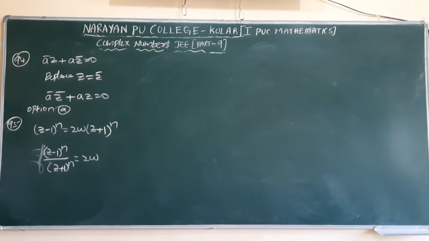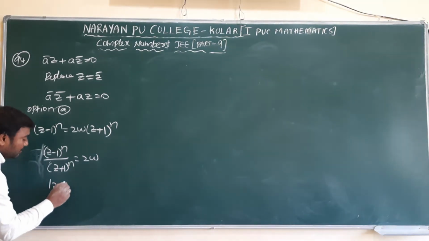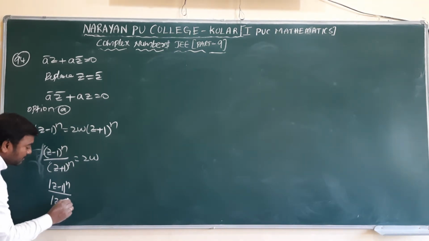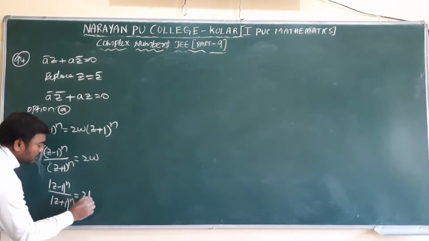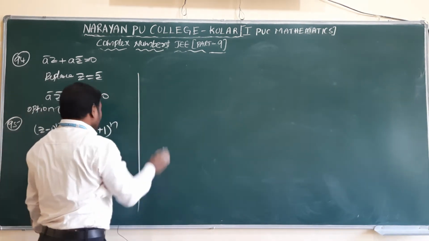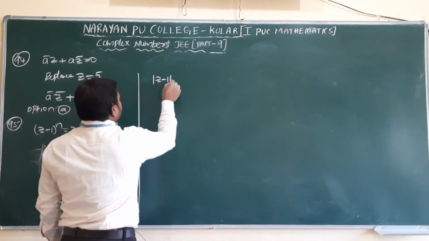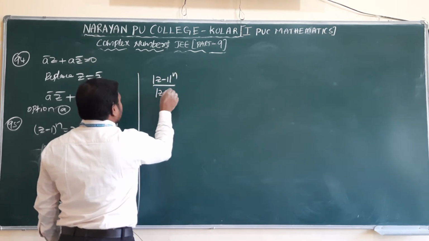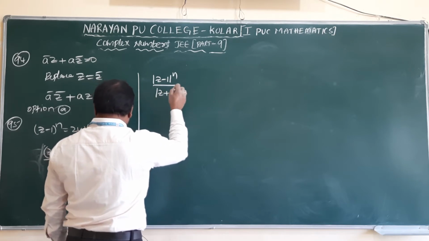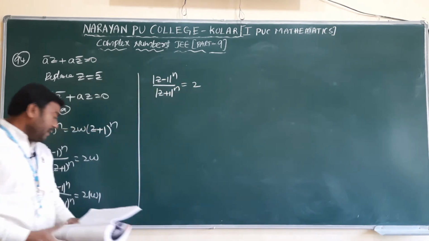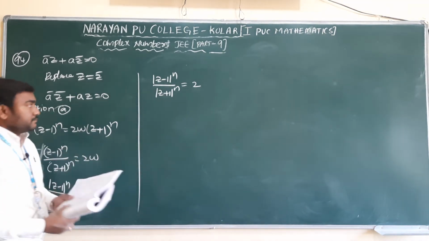Applying modulus on both sides, we get modulus of (z minus 1) whole power n divided by modulus of (z plus 1) whole power n is equal to 2 into modulus of omega, and the modulus of omega is 1 only.